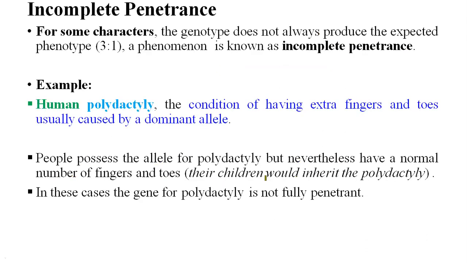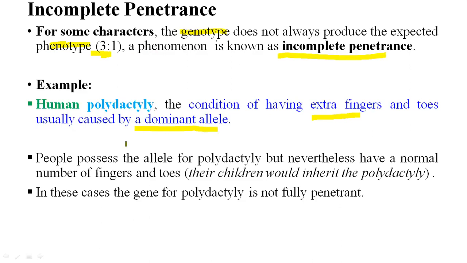There is also another term, incomplete penetrance, when the genotypes do not show us the expected phenotypes. And what should be the expected phenotype? 3:1. When we don't see the expected phenotype, this is known as incomplete penetrance. So human polydactyly is the condition of extra fingers and toes, and this is caused by a dominant allele.